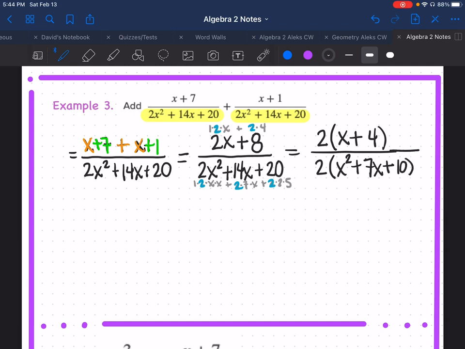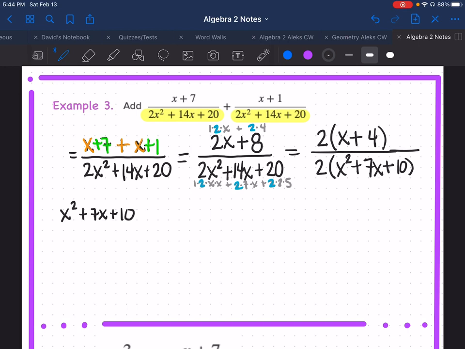All right, just like in the last one, I have to see, can I factor this polynomial right here? Because if this is factorable and has a factor of 4, then I can factor. If not, it's okay to leave it just like this. So I'm going to look right over here to the side. You know what? Let's do it like this. x squared plus 7x plus 10.